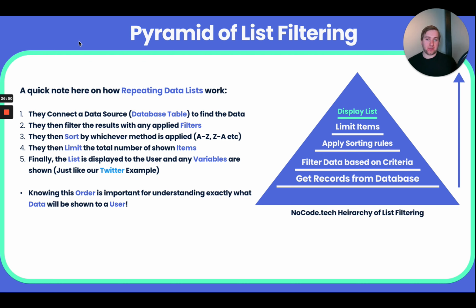Once it's got that, it's going to take that whole data that it's got and it's going to filter out anything that you didn't ask for. So if you wanted to take all of the inventory for your e-commerce store, but you only want items that are green, then it's going to filter out all data that's not green. So that's immediately all gone. Once it's done that, it's then going to sort it by whatever method is applied.